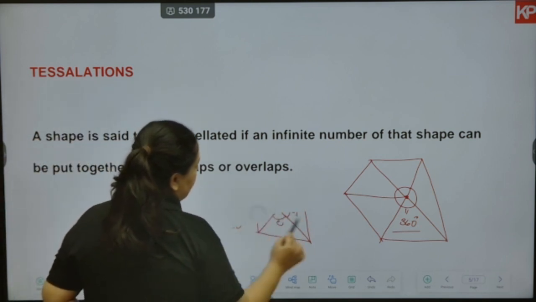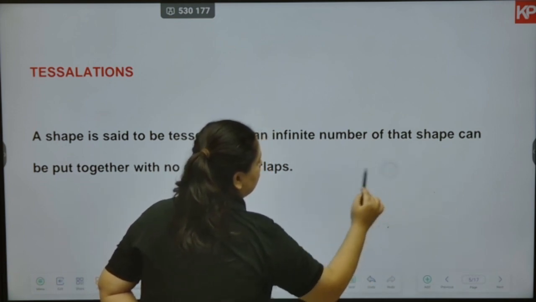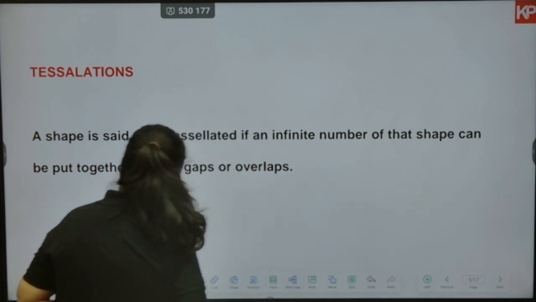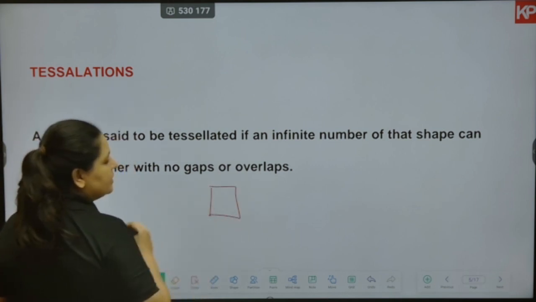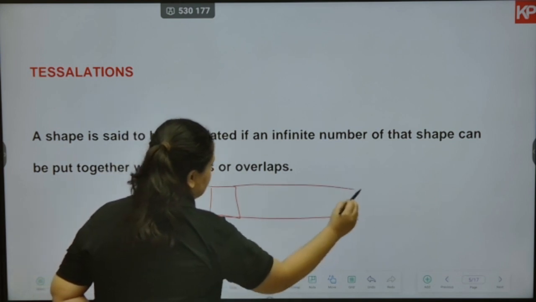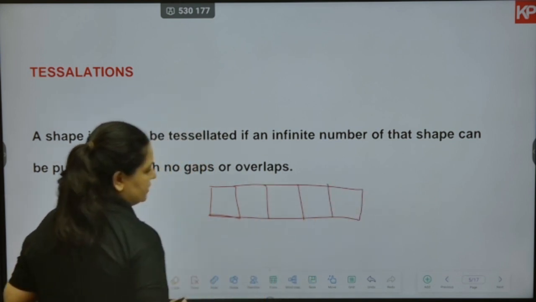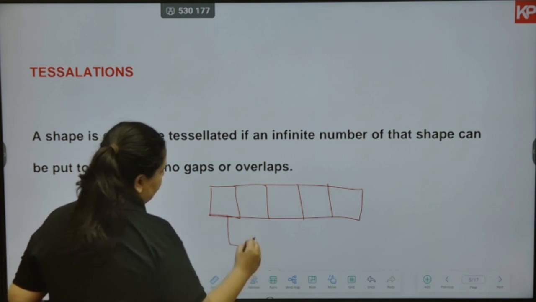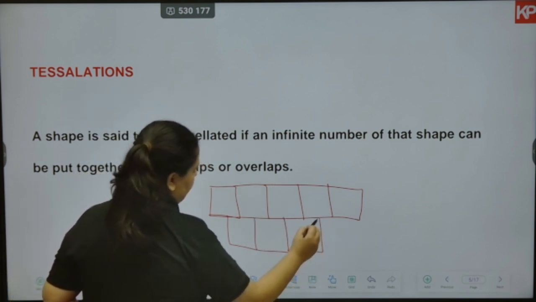Now let's look at another shape. Let's take any quadrilateral for example. Let's start with a very basic one. Let's take a square. Can the square tessellate? Yes, we can draw n number of squares in this line. Let's check whether we can increase it widthwise. Yes, we can.